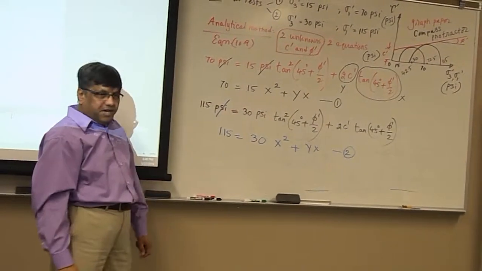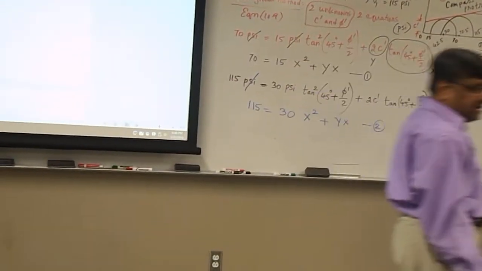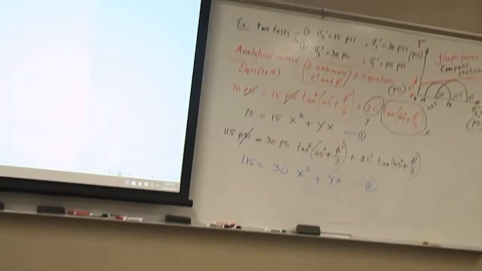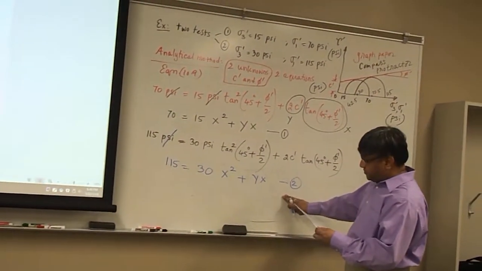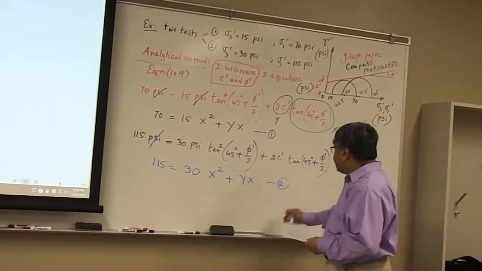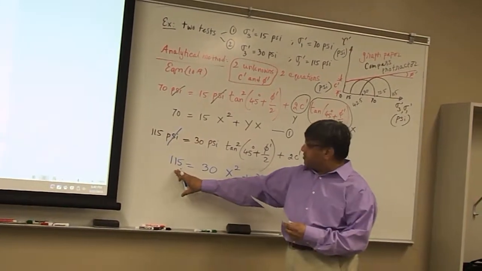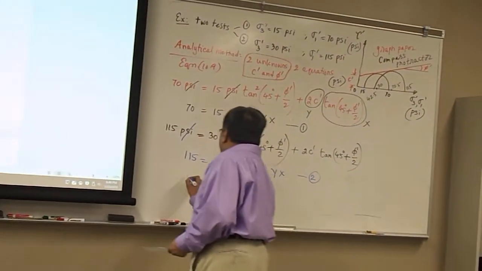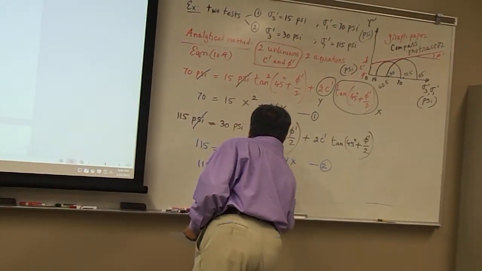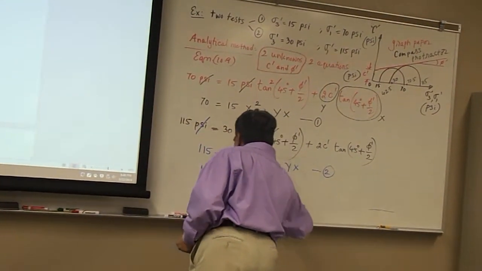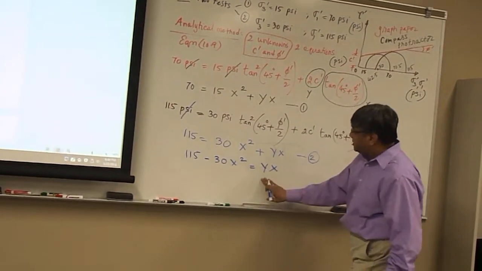What we can do is write this equation 2 in terms of x. So that's easy. Take this 30x squared to this side, 115 minus 30x squared is yx, and then bring back just x to this side to get y.